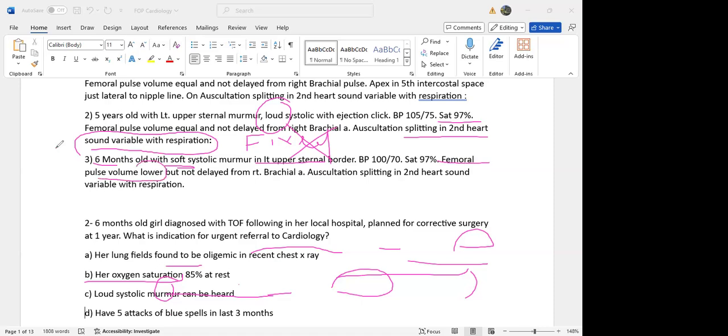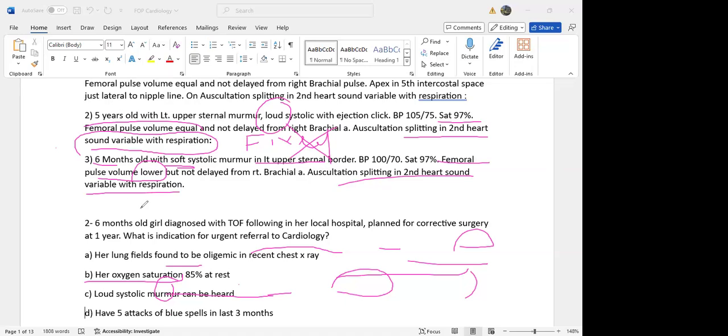In the above case, you saw the volume was equal. But now they are saying the femoral pulse volume is lower but not delayed from the right brachial. In auscultation, splitting is variable with respiration. So what do you think, what could be the cause of this murmur? Coarctation, most likely, because they are telling you the difference of the volume. That is why it is most likely the coarctation murmur.